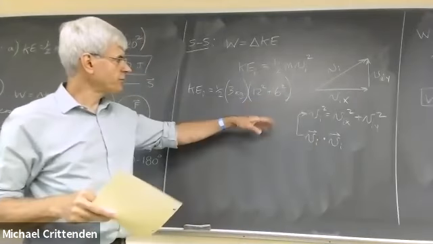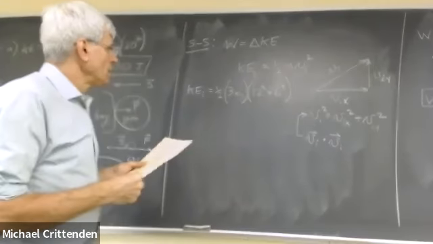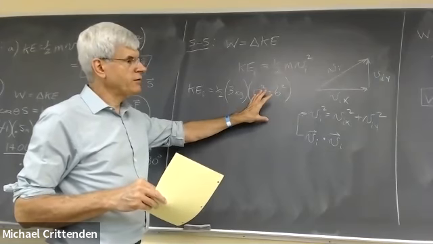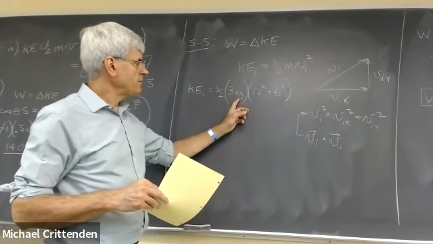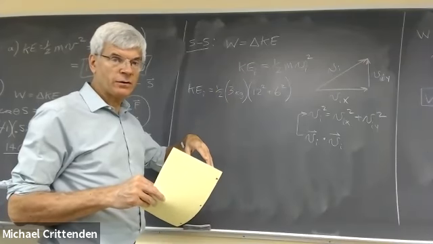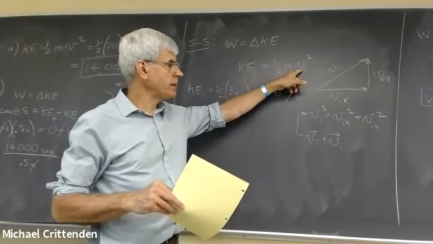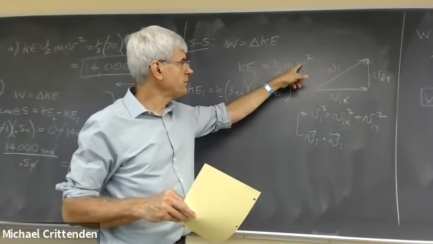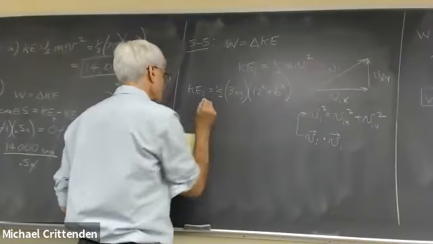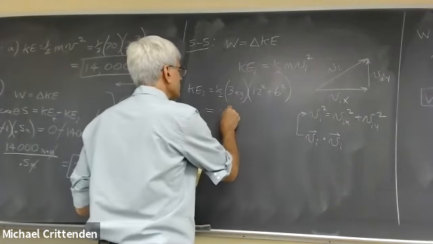Okay, so v initial squared, x component squared plus y component squared. This would then be meters squared per second squared as far as the units go, times kilograms. If you break it all the way down to base units, that's what a joule is. Units of mass times velocity squared. Kilogram, meter squared per second squared. 270.